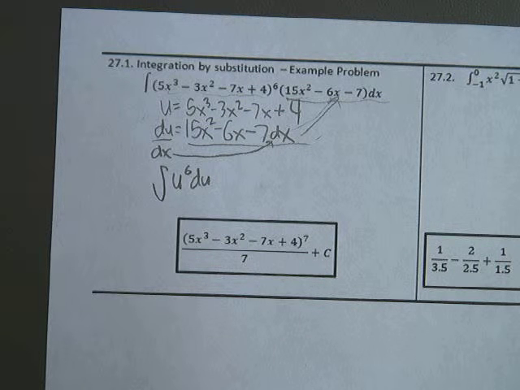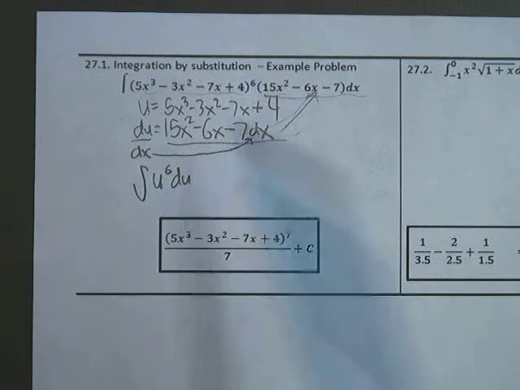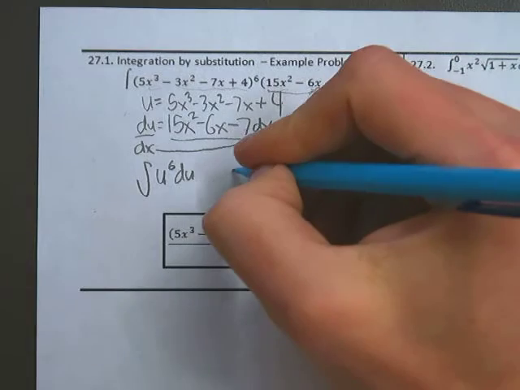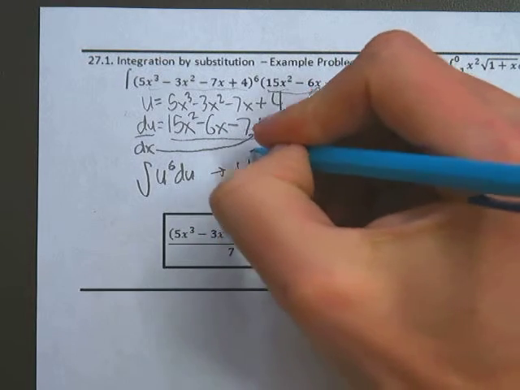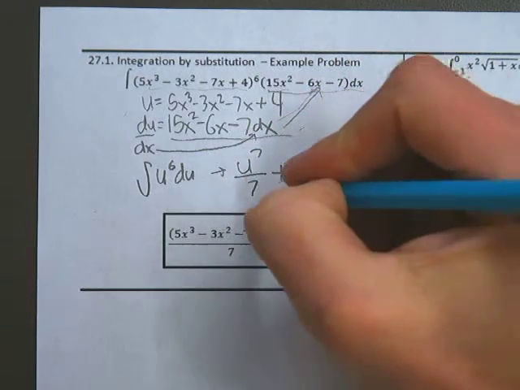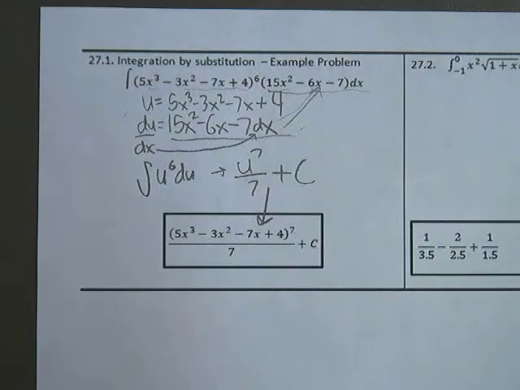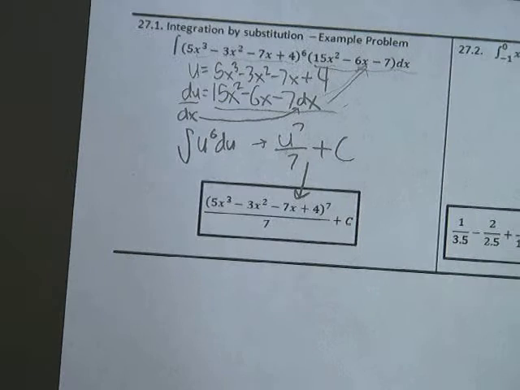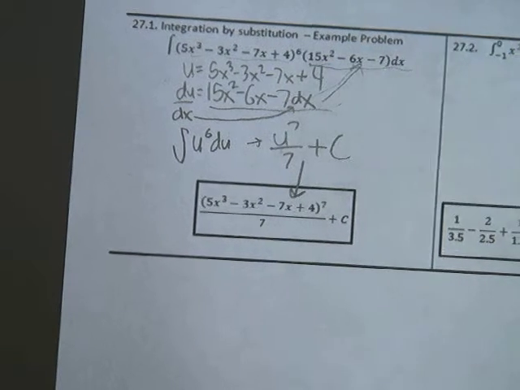So we should have x's and dx's in it when we have complicated insides like this one. So that's totally expected and good. The integral of this is just u to the 7th over 7 plus c, and then we just plug in what u is, which is 5x cubed minus 3x squared minus 7x plus 4. And you get the answer. So it's really nice in cases where this matches perfectly.